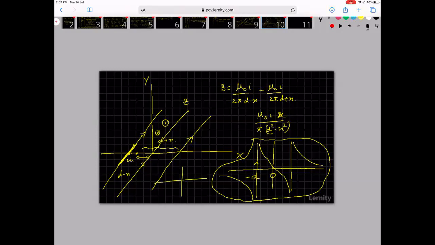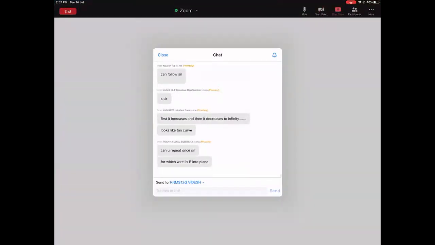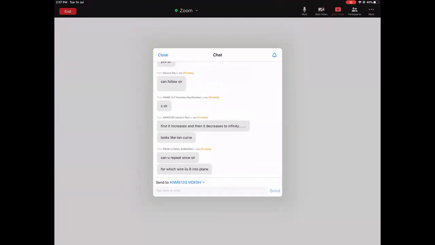It will look like this, then like this, and so on. I can't say inverse, but flip it up. Flip it up. Yes, it looks like a tan curve.